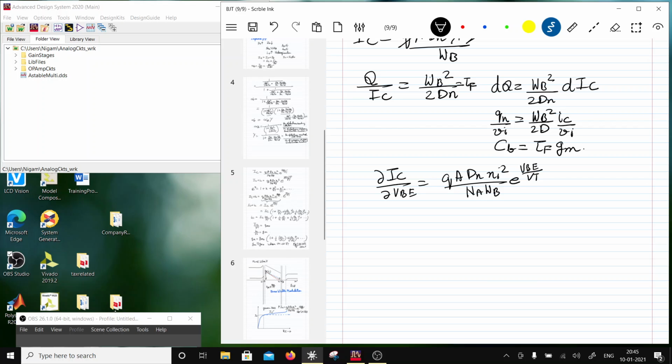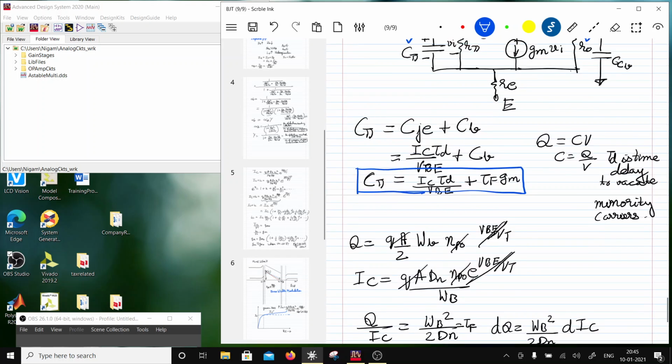Then dou this term, so that will be 1 over VT. So this will be equal to IC over VT, or it can also be written as QIC over KBT. Okay, so this is going to be the transconductance.